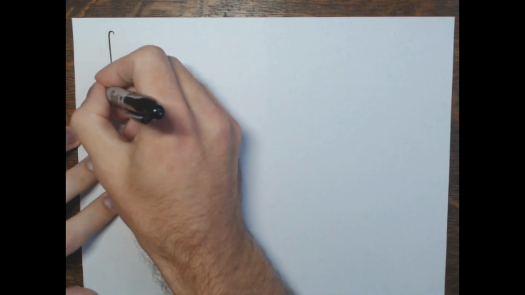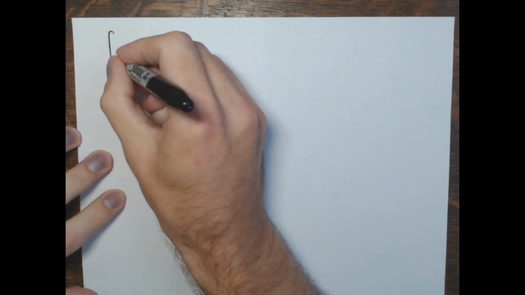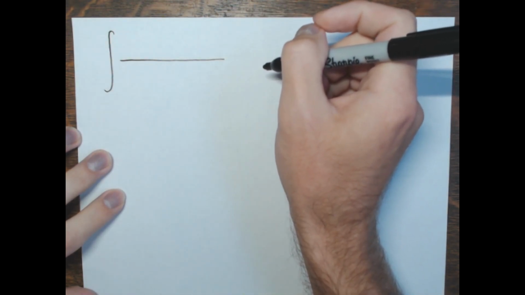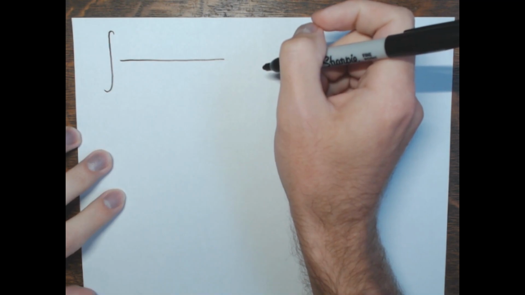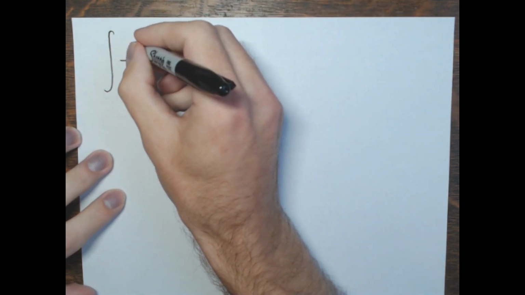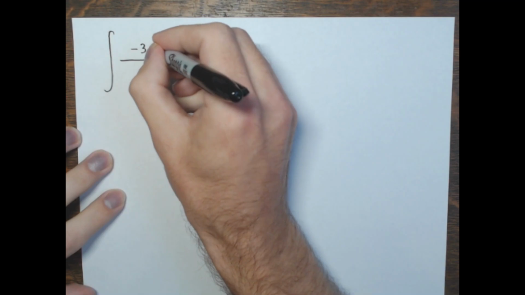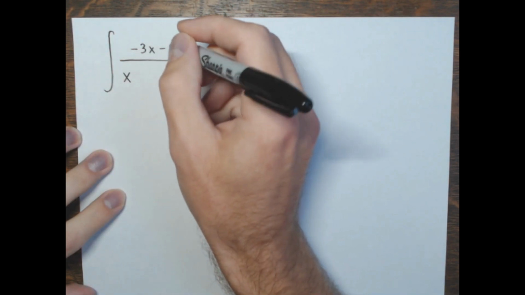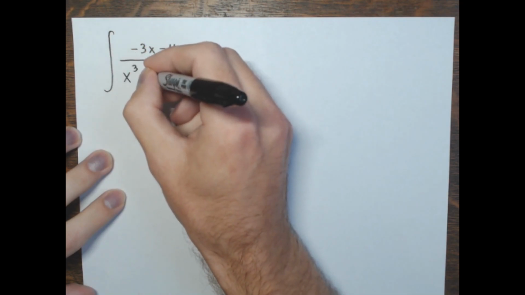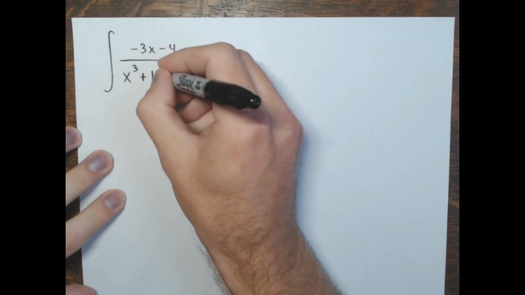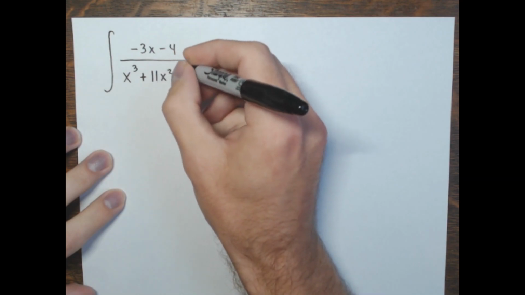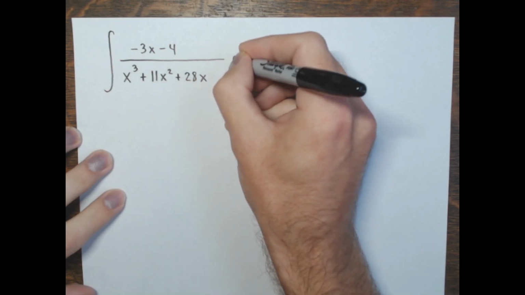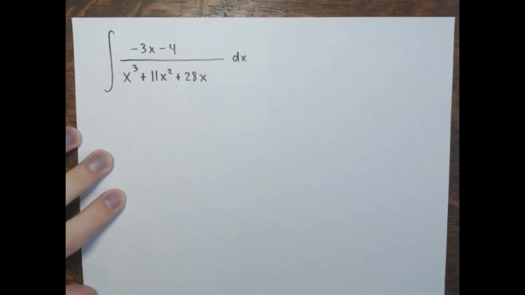Got the integral of a proper fraction again. So do this: factor the denominator completely and try to write out the partial fraction decomposition. So negative 3x minus 4 over x cubed plus 11x squared plus 28x, and then you got your dx over there.